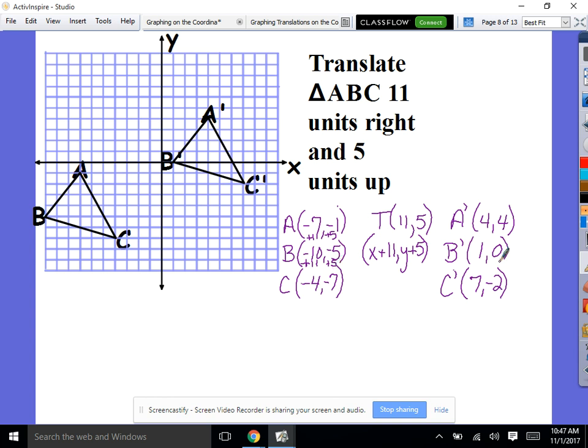Let's check C. Negative 4 plus 11 should be 7, and negative 7 plus 5 should be negative 2. So it looks like all we do is add our translation to our original, pre-image coordinates to get our image coordinates.